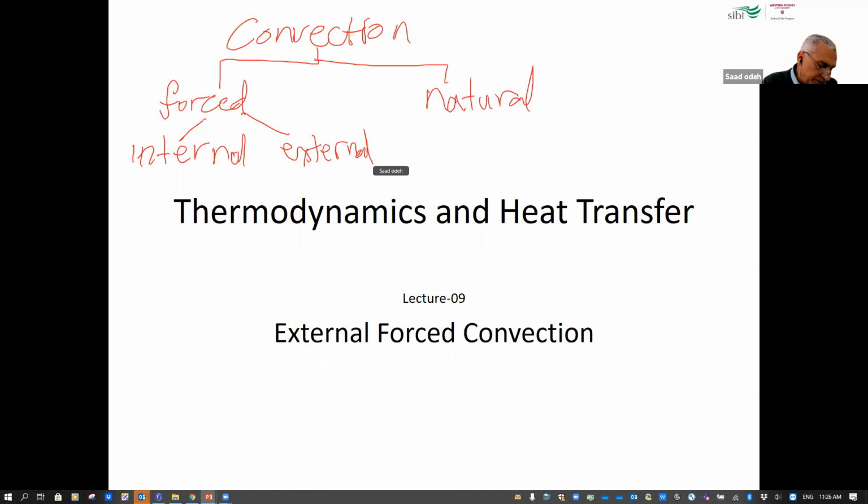Same thing for the natural convection: we have internal and we have external.